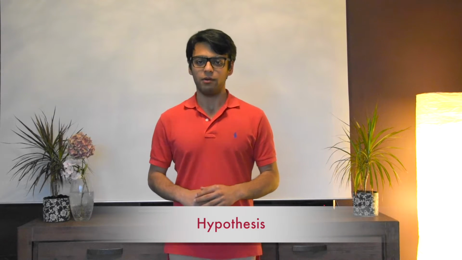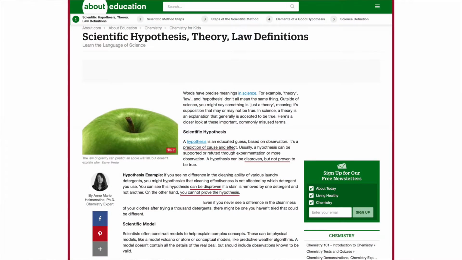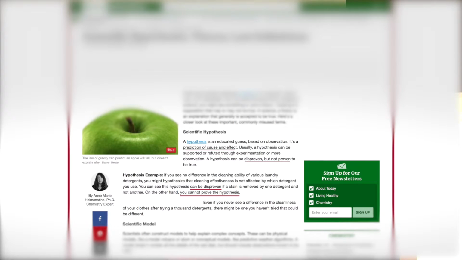So now let's look at the hypothesis. A hypothesis is basically not just an educated guess. And I like how Anna puts it here, and she also gives us an example of a hypothesis, which is basically an assumption that we make to start gathering data.